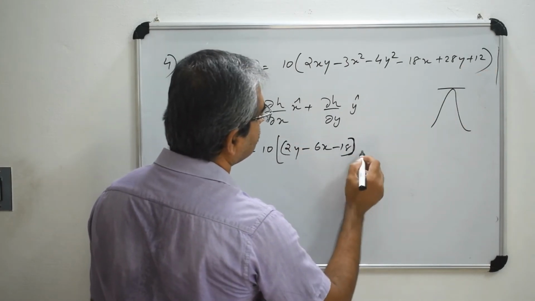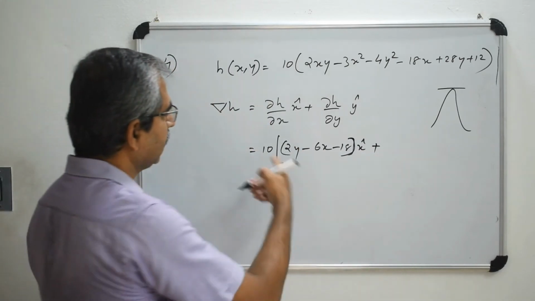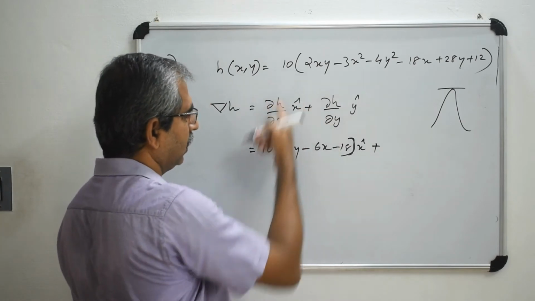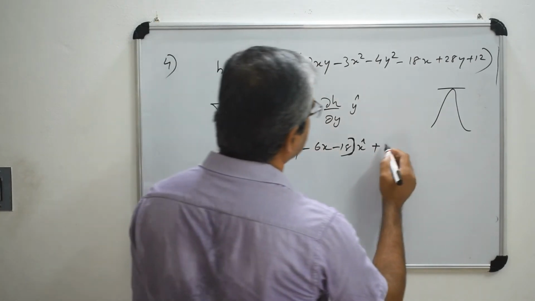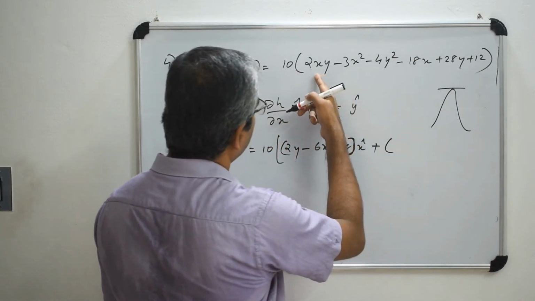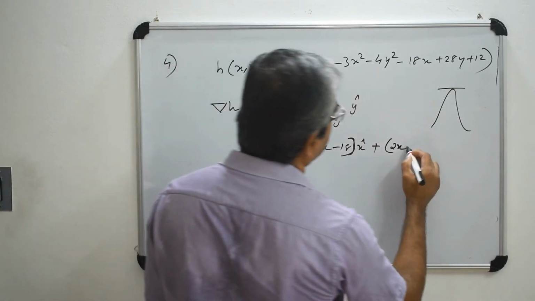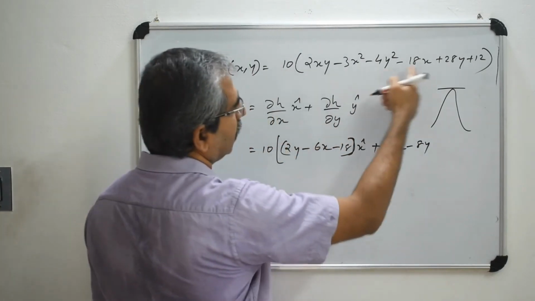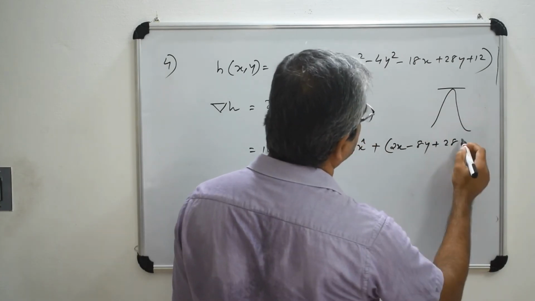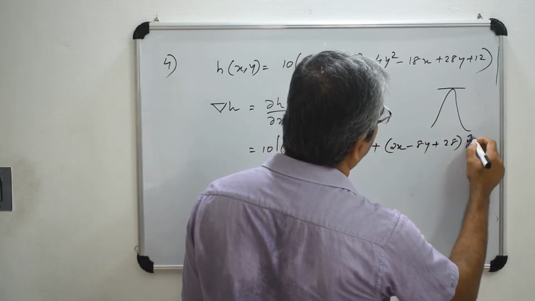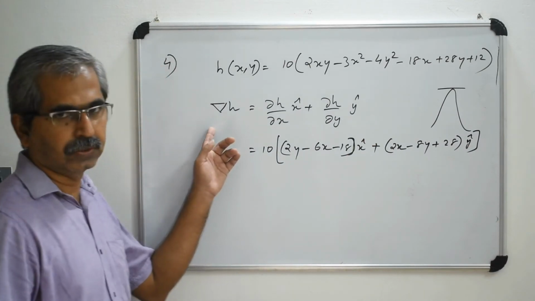So this is into x cap plus second one with respect to y. 10 is there outside the common bracket. So this is 2x, isn't it? 2x, 0, minus 8y, then 0 plus 28 into y cap. Okay, so this is del h.